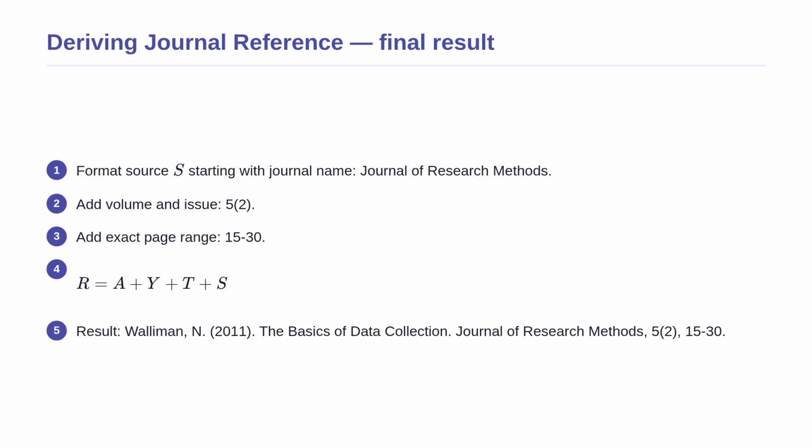The issue number, 2, is placed in parentheses immediately after the volume with no space. Finally, the page range, 15 to 30, tells the reader exactly where to look within that specific issue. This proves how our reference formula adapts depending on the type of source material, acting as precise GPS coordinates.